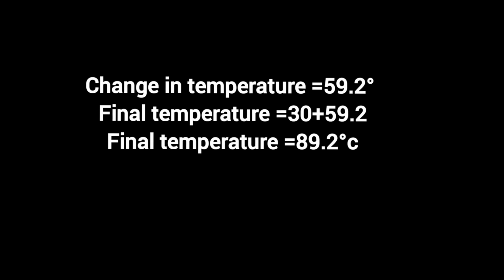And after doing this, all we have to do is add the change in temperature to the initial temperature to find the final temperature, which means 59.2 degrees Celsius plus 30 degrees Celsius, which equals 89.2 degrees Celsius.